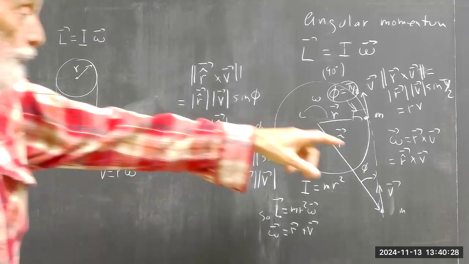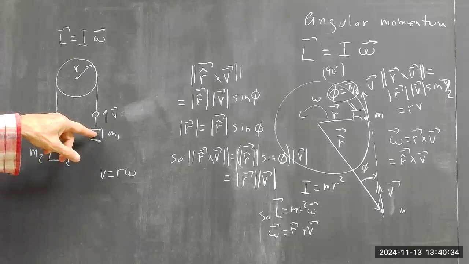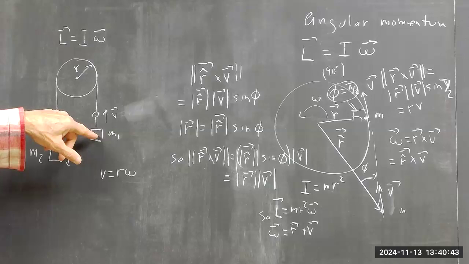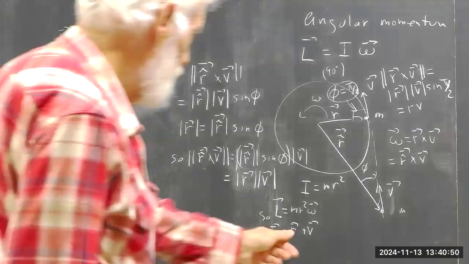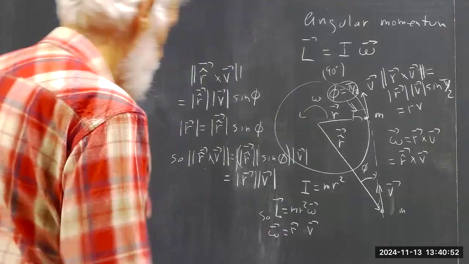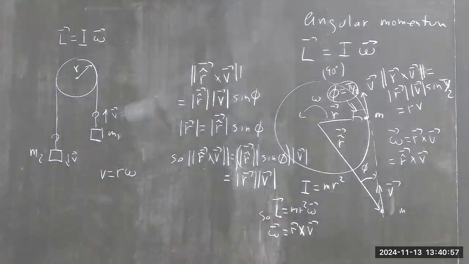Now, by what we just said over here, the angular velocity of this, my cross product symbol wasn't written very well.